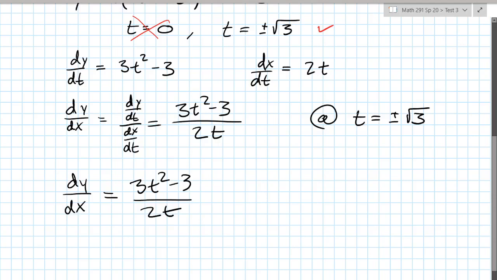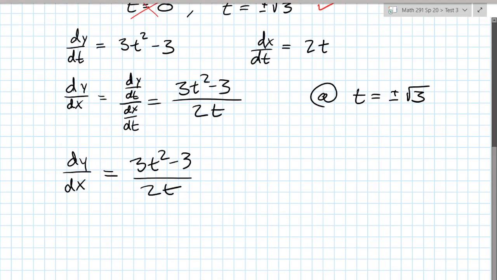So if we set the top equal to 0, that would be the horizontal tangent lines. So t squared minus 1 equals 0.